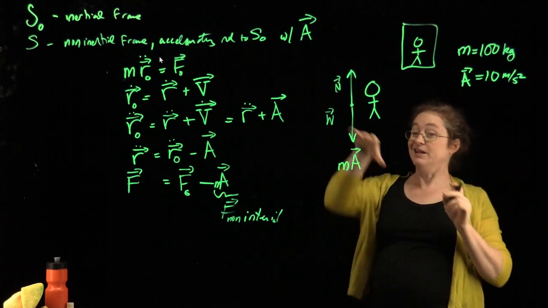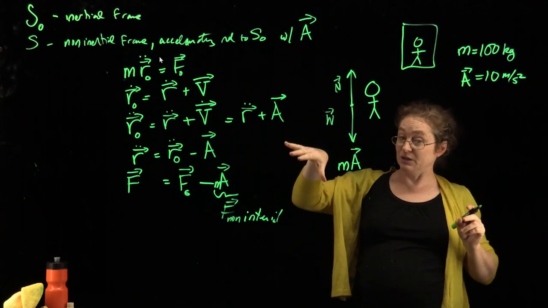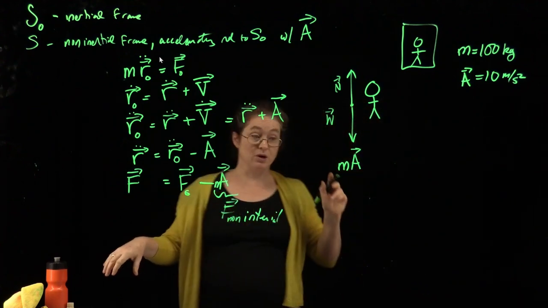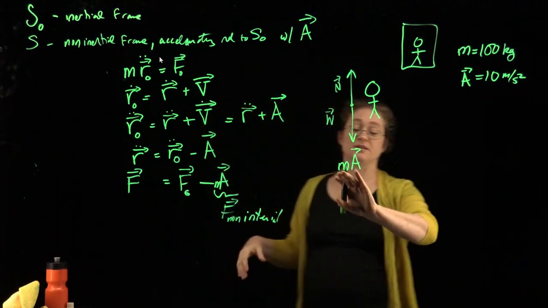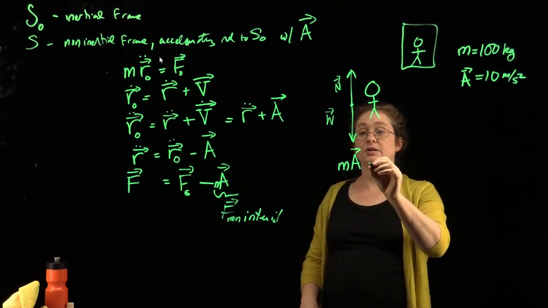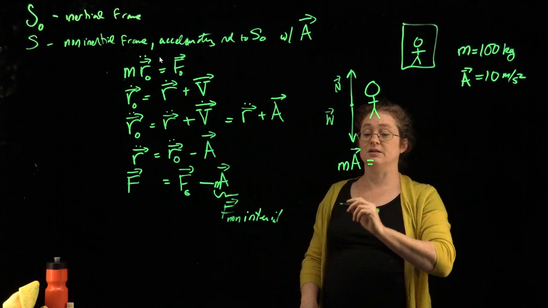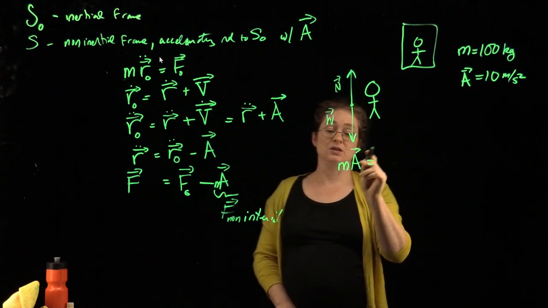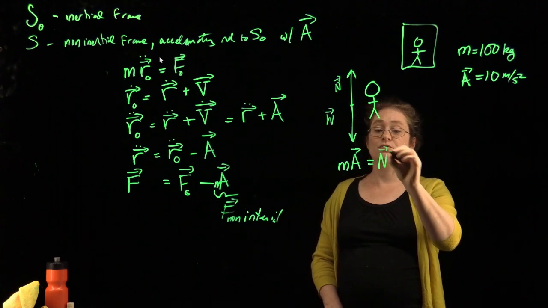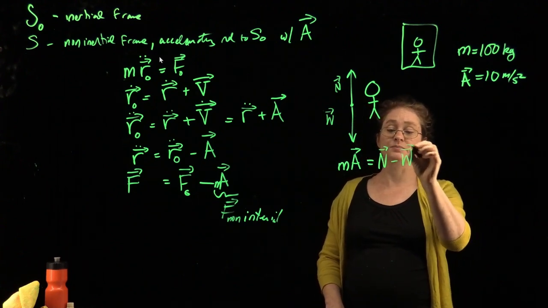If you do it in the frame of the building, so not moving, you are moving with an acceleration ma, and then this has to be your net force, and this is the normal force minus the weight.